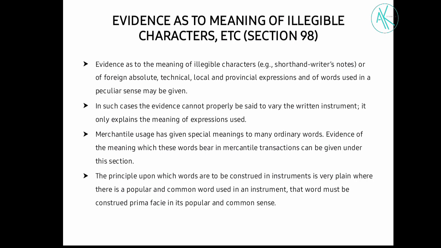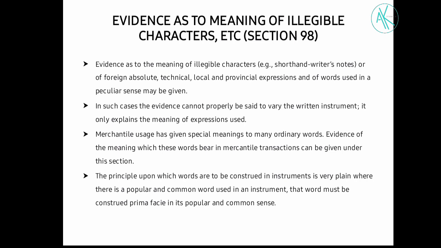Under Section 98, evidence as to meaning of illegible characters, etc. Evidence as to the meaning of illegible characters, for example shorthand writer's notes, or foreign, obsolete, technical, local or provincial expressions, and of words used in a peculiar sense may be given.